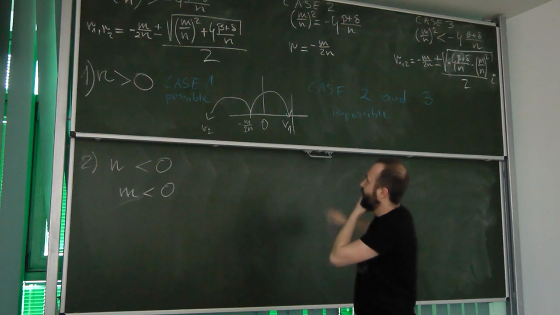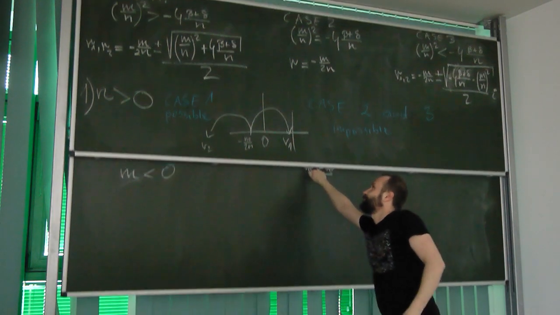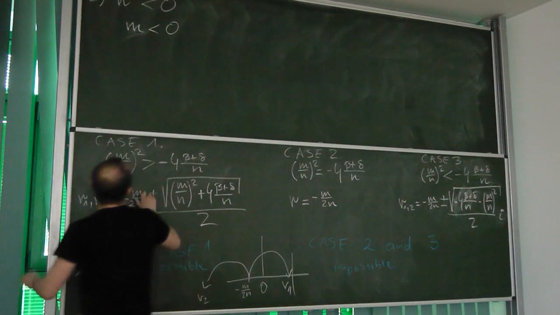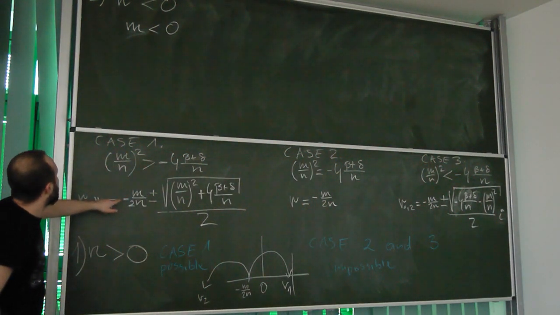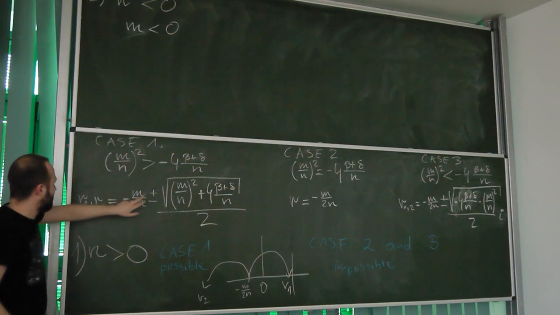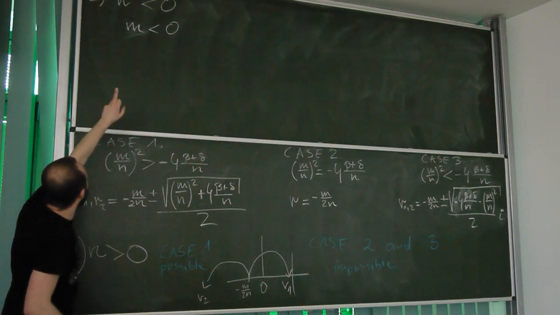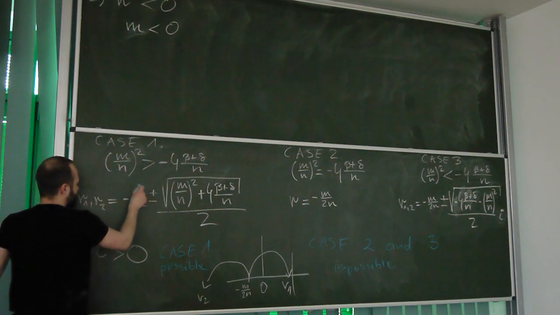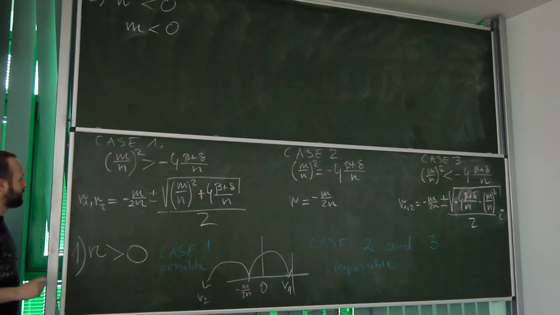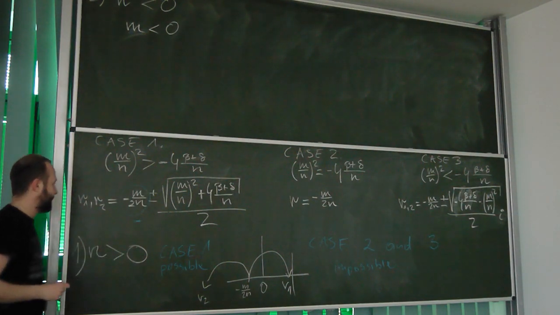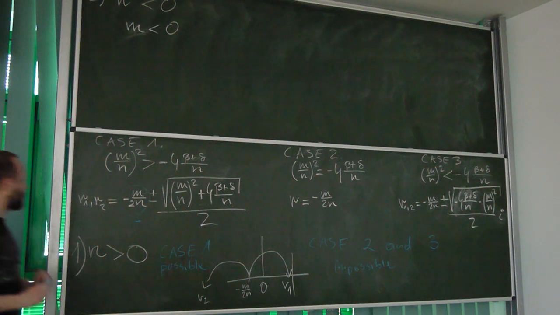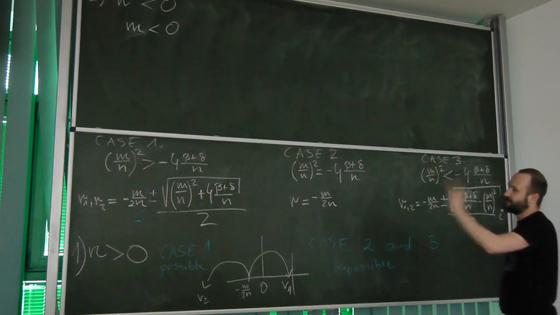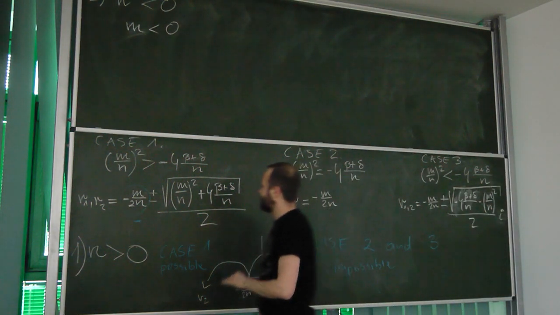Okay, look, in this scenario, so when m is smaller than 0, we can be clearly sure that when both m and n are smaller than 0, this expression over here is clearly negative, which is good, because this is like we are one step closer to dynamic stability.